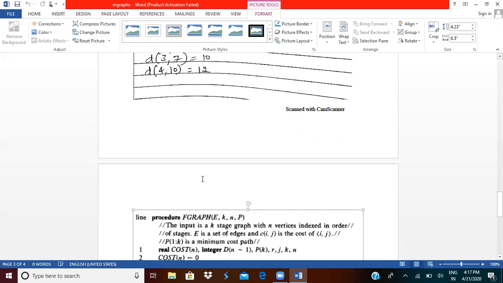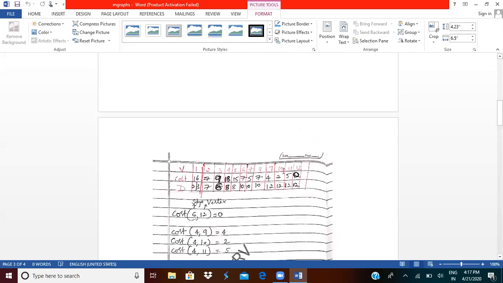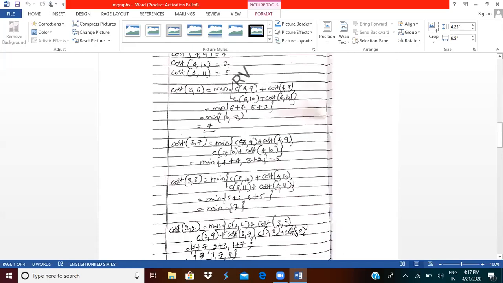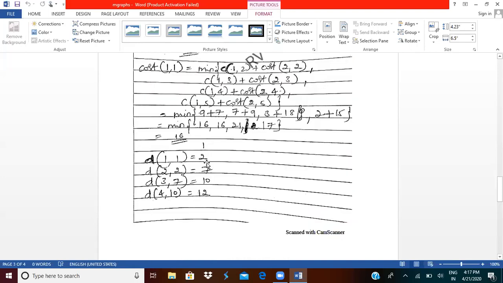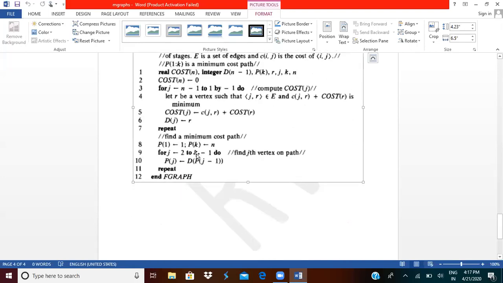So what is D of 10 here? 12, right? Yes, sir. That is what we have done. Once we have reached 12, the final vertex, now you increment the value of J. J becomes 5. 5 less than 4, condition is false. So I'll come out of this for loop and end this algorithm.